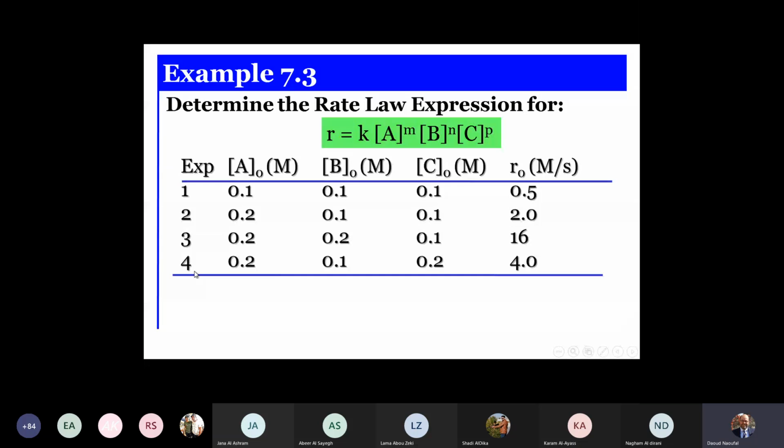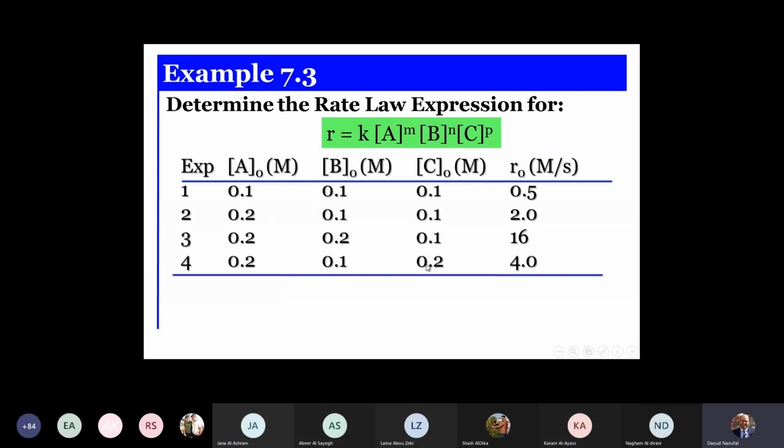And student 4 starts with 0.2 A and 0.1 B0. We have 4 experiments done by 4 students where we change the initial concentration of A and B and also the concentration of C. So we have A, B, and C concentrations.